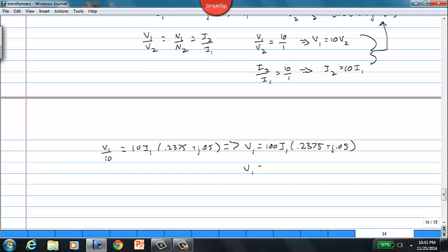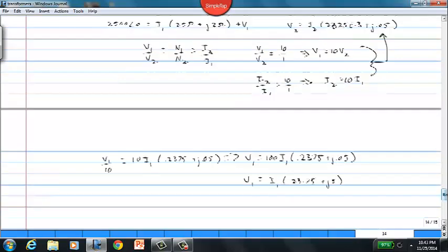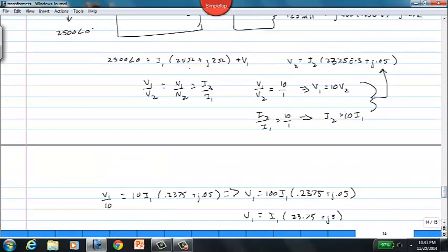Now I can distribute that 100. V1 equals I1 times 23.75 plus j5, and that's an I1. Now what I can do is substitute this equation into this equation for V1.